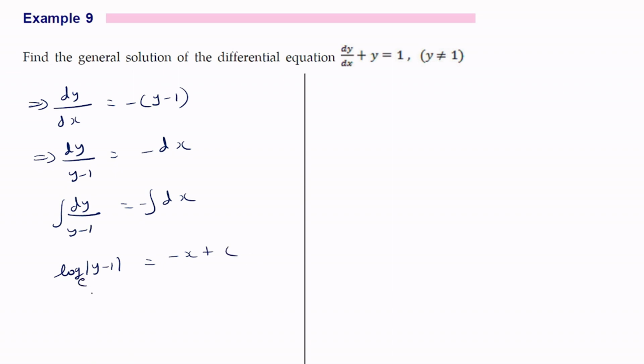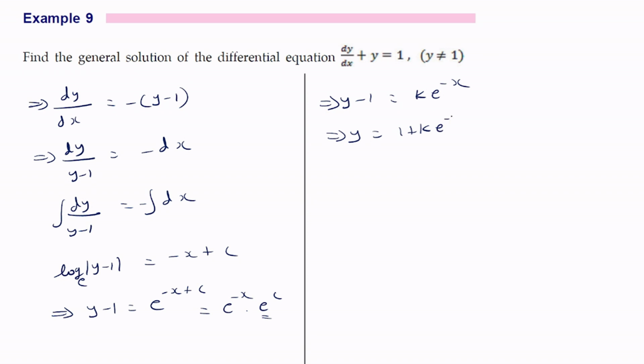This is log to the base e. So from this we get y minus 1 equal to e raised to minus x plus c, or it is e raised to minus x into e raised to c. This e raised to c we can write as some other constant k. So y minus 1 equal to k e raised to minus x, or y is 1 plus k e raised to minus x. So this is the general solution of the given differential equation.